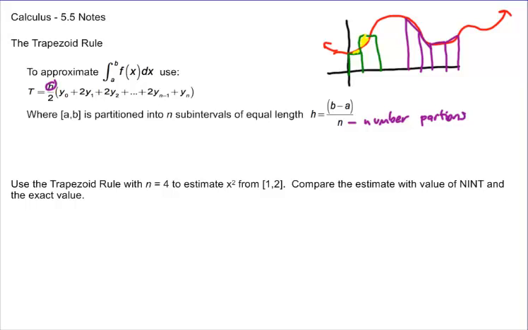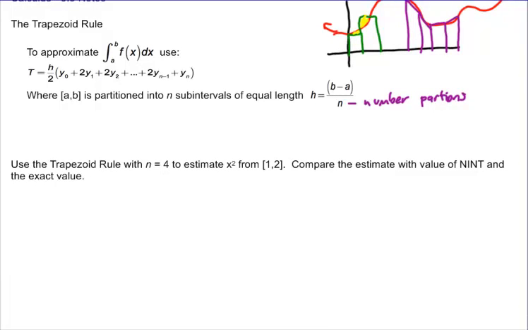We take this h value and multiply it with the height at y0, which would be your height at that first spot. We're going to add 2 times the height at y2 plus 2 times the height at y3, and so on and so forth all the way through. So it looks really confusing, but it's actually not that bad.